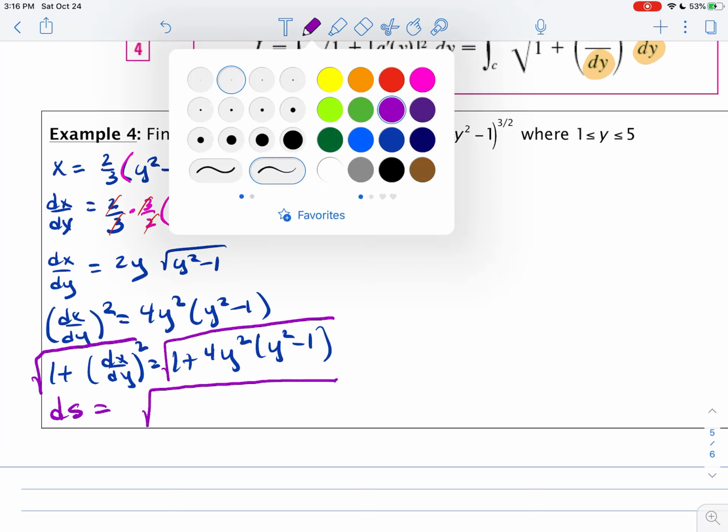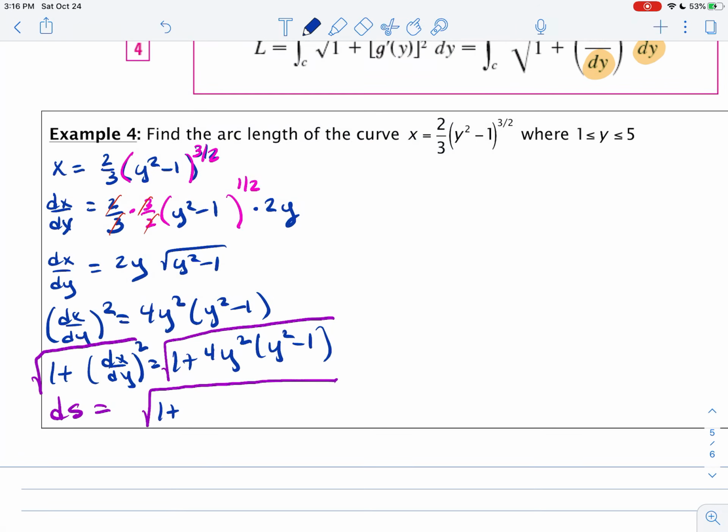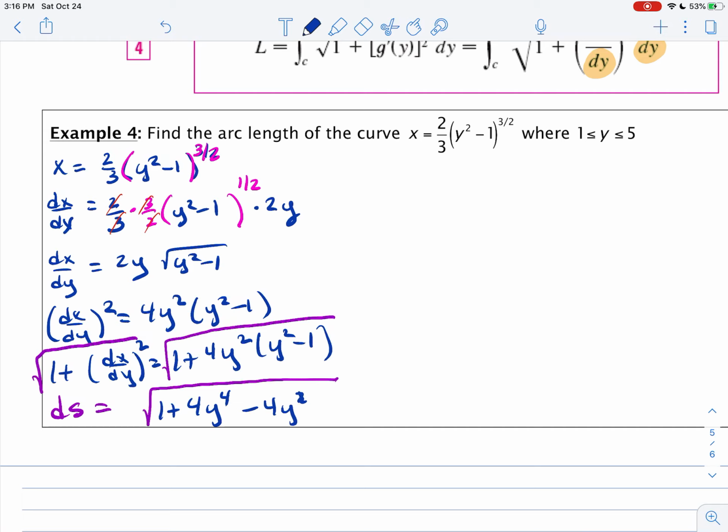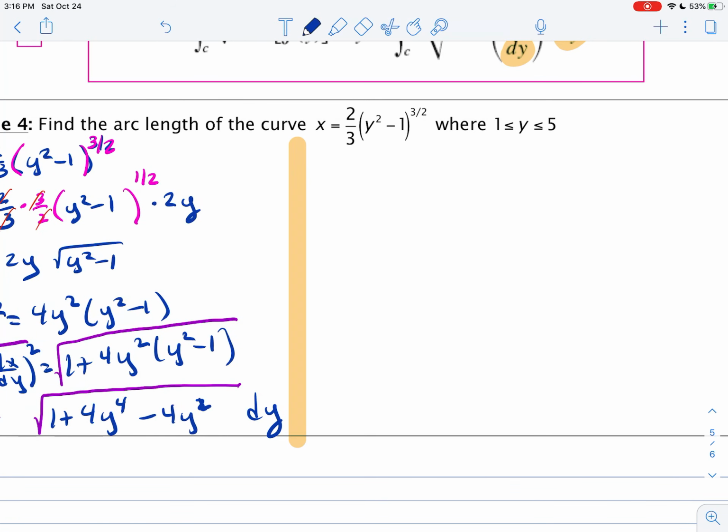So my ds here is going to be the square root of, and underneath I'm just going to start expanding. So 4y squared times y squared is 4y to the 4th, and then I end up with minus 4y squared. And then I still have my dy on the other side since I've formed my ds. I'm going to continue with my simplification, and in that simplification I'm going to rearrange my ds just to have descending powers.